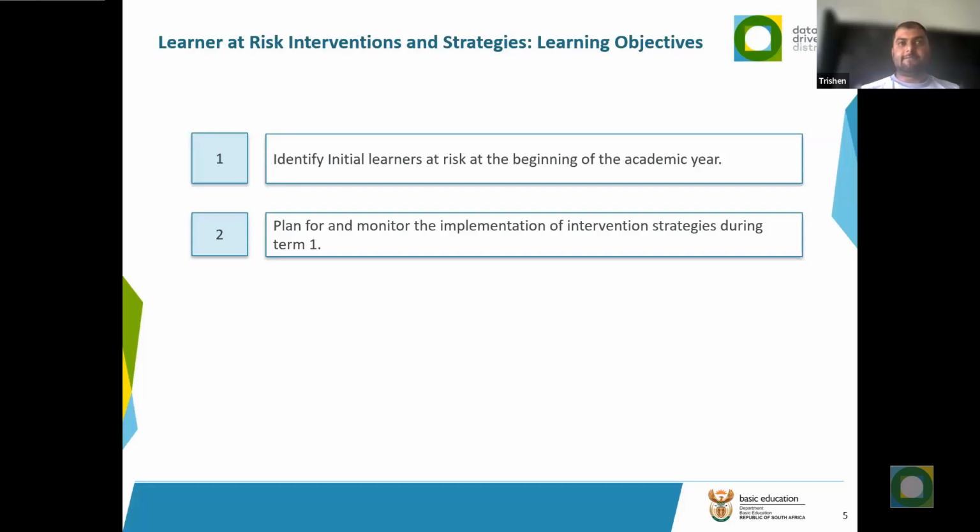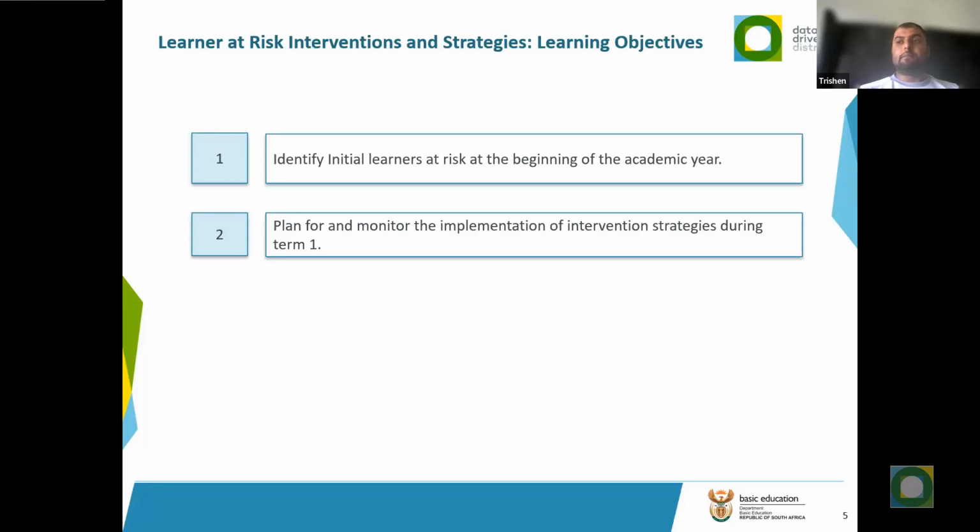So in identifying those learners, if the original challenge that is identified is not accurate, it means all our further plans in terms of subject improvement plans, individual support plans, and the implementation thereof is going to be a fruitless activity.